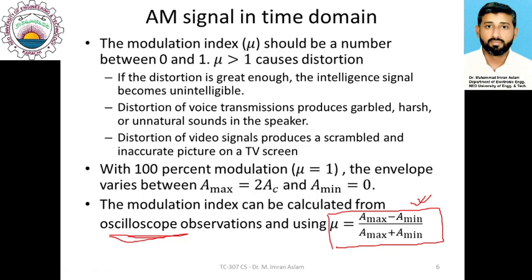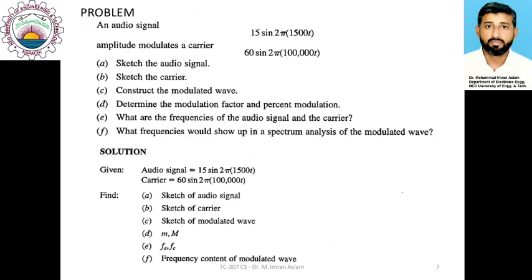Okay, so that covers how the AM signal is generated and its mathematical form discussed so far. To conclude our discussion, let us take a simple problem. We have an audio wave, which is the message signal, 15 sine 2 pi 1500 t.